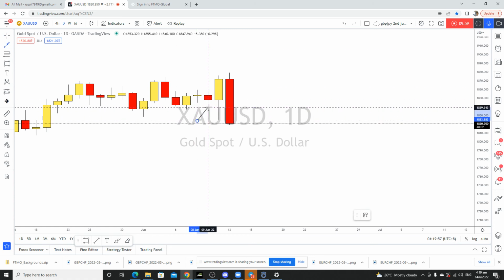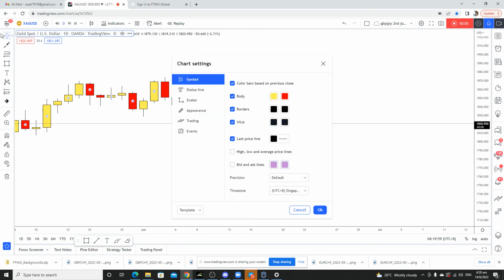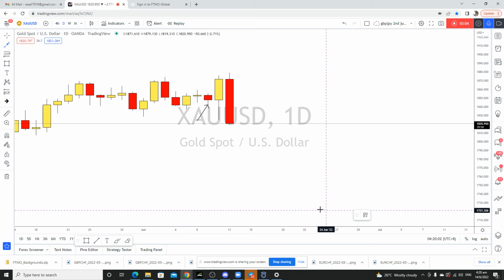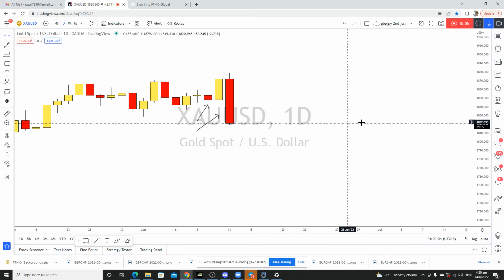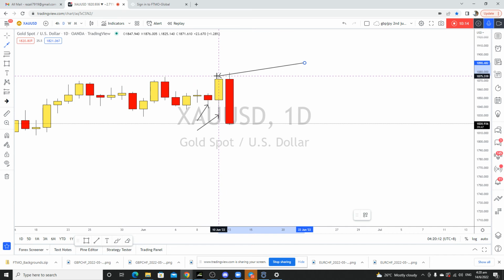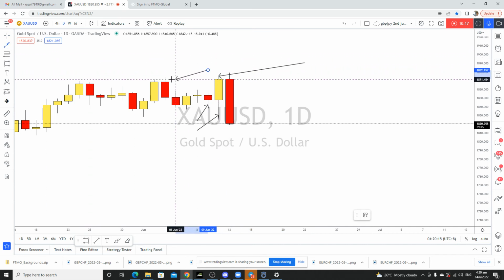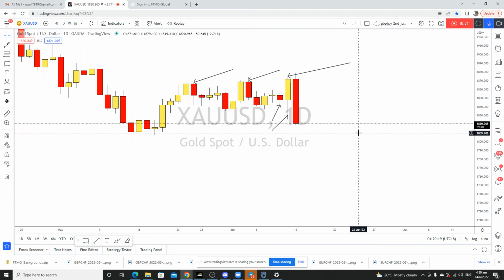In this case, a bearish close, a sell on Friday does not get you anywhere. Why? Because there's no momentum for it to go down. That's why your sell will not work here, but the sells work here when price is at a resistance, when price has reached a supply zone.